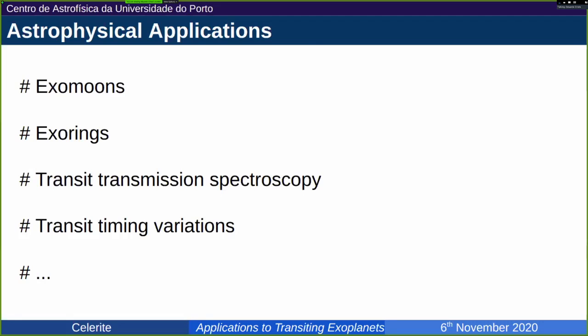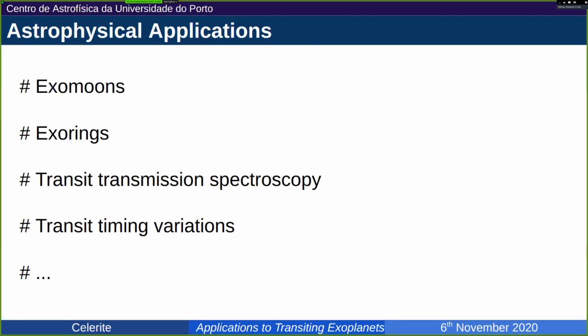Furthermore, we can't phase fold the transits like we do for planets, because these bodies are orbiting a second one, the main planet. So we don't have any method to increase the signal-to-noise ratio over many transits.